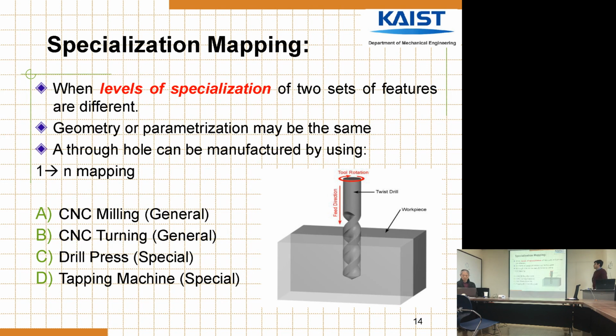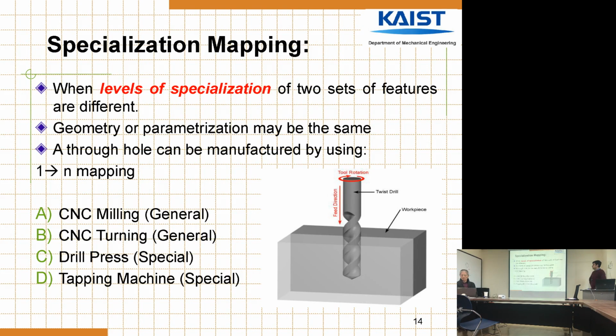It can be manufactured by either of the systems given here. But each system has its own way to define the hole feature. As you see, A and B are general, but C and D are special processes that are there just to make holes.